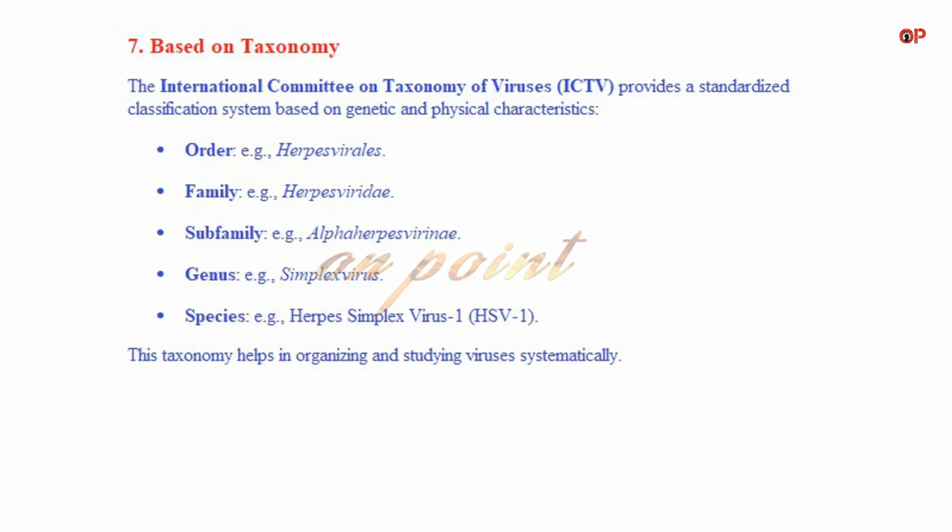7. Based on taxonomy. The International Committee on Taxonomy of Viruses, ICTV, provides a standardized classification system based on genetic and physical characteristics. Order, example Herpesvirales. Family, example Herpesviridae.